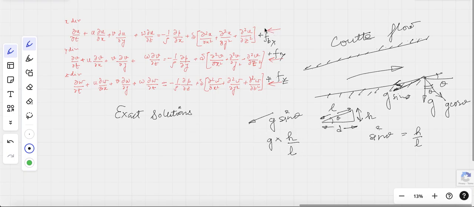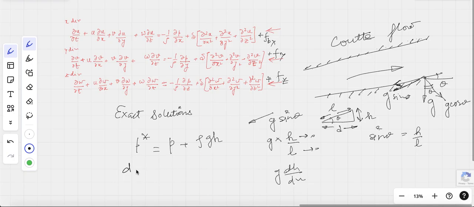Now we know the piezometric head here is equal to P plus rho g h, right? And if these are very small, this tends to 0 and this tends to 0, we can write g sin theta as g dh by dx.